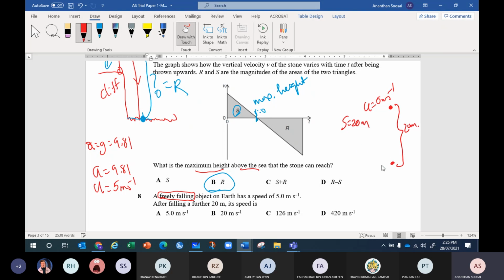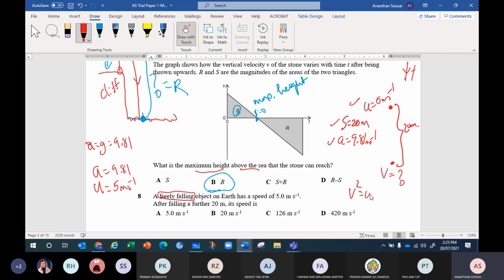What do you want? What is its speed? That means they're asking for the final speed. So we have U, S, and acceleration 9.81 meters per second squared. In this case, we take downwards as positive. Find V. So what formula do you use?